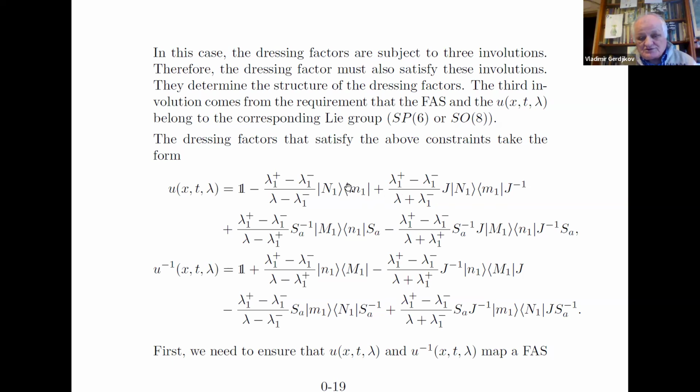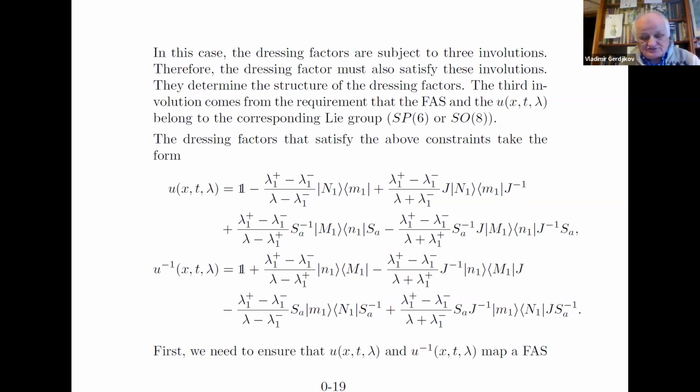M1 is a row. So we have a column multiplied by a row with the corresponding size. And here we have the same residue, but multiplied by J and J inverse on both sides. Then we have other residues, M1 and small n1, which are multiplied by the typical matrices S1 or S0 that determine the structure of the algebra. And one more residue of that form.